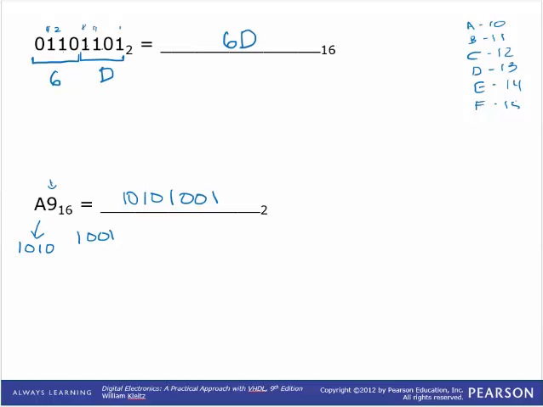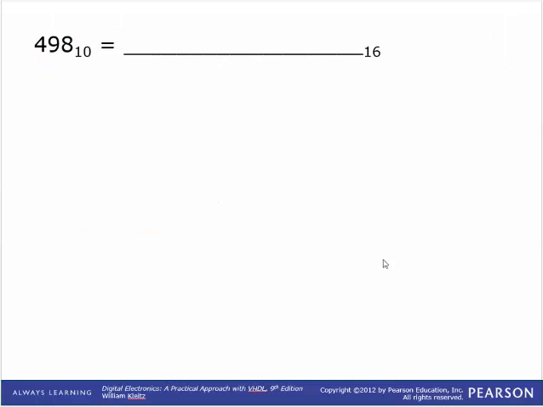Next example. Convert a base 10 number to a base 16 number. So which way would I do that? To me, the easiest way would be to convert this base 10 number to a binary number, and then the binary number to a base 16 number.